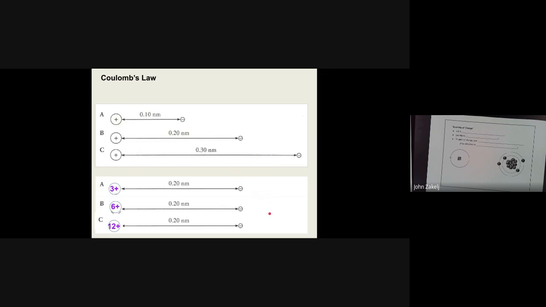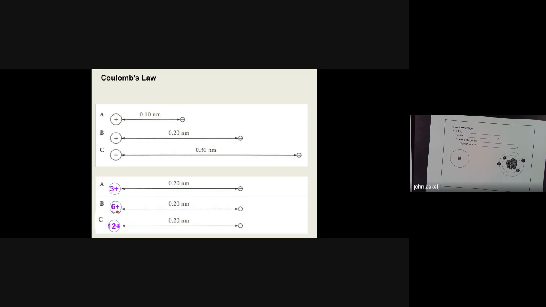The second box down below, the positives and negatives are all the same distance apart. They're all 0.2 nanometers apart. Which of these situations is going to have the strongest attraction? If you're guessing situation C, you are correct. In this situation, we have a charge of 12 plus.